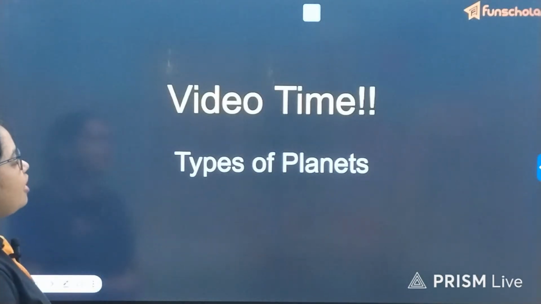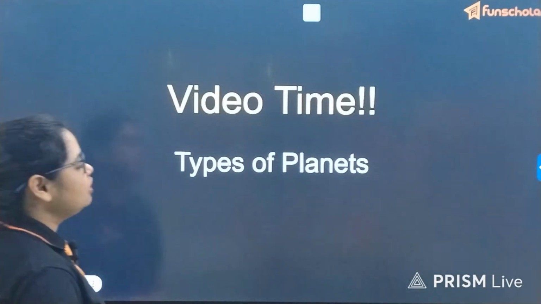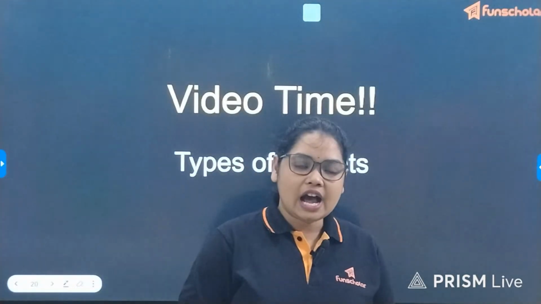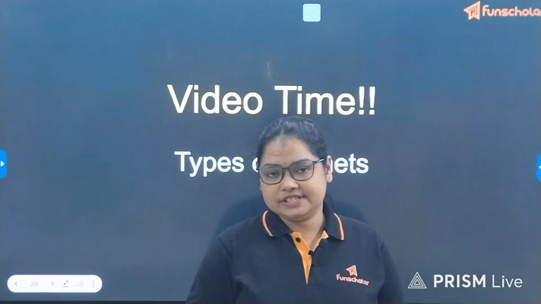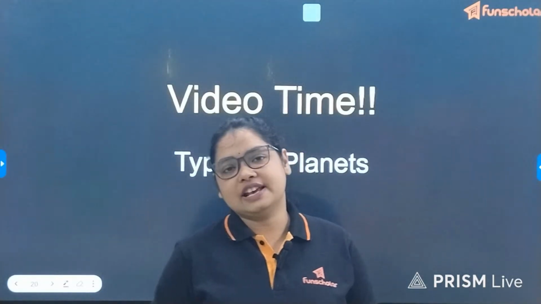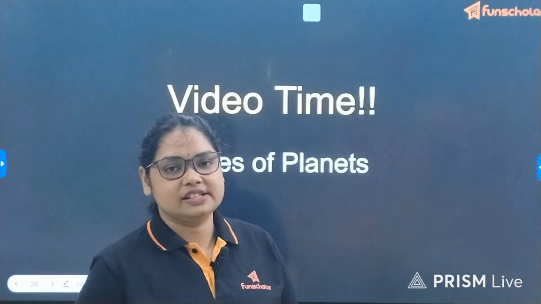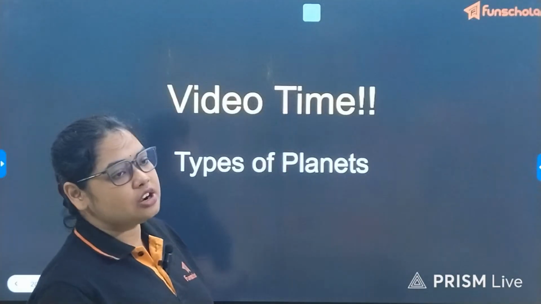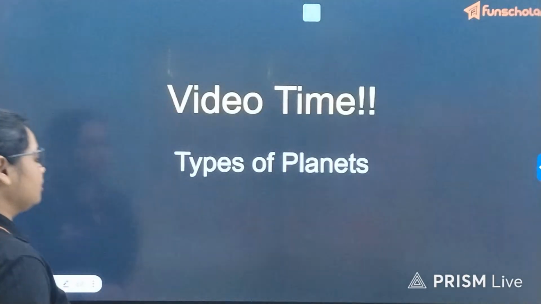Now next, after stars we are going to deal with planets. Planets, we know, are of two types: the rocky planets or terrestrial planets, and the gaseous planets. Rocky planets are the four planets which are close to the sun.